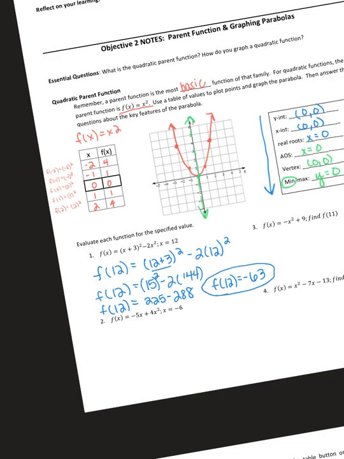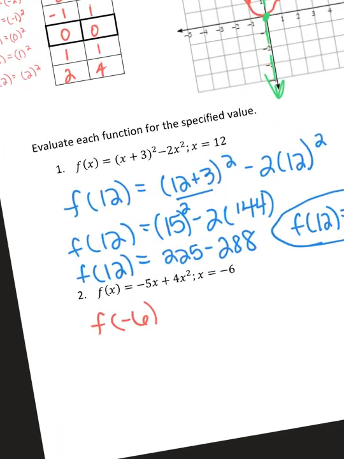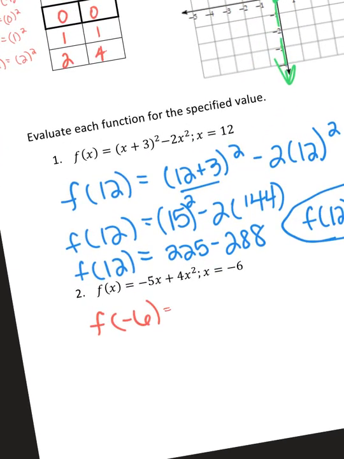All right. So number 2, let's do that one. We're going to evaluate f of x when x is equal to negative 6. So we're going to do f of negative 6, is equal to negative 5 times negative 6 plus 4 times negative 6 quantity squared. So replacing this x and this x with negative 6 and keeping everything protected by putting it in parentheses.